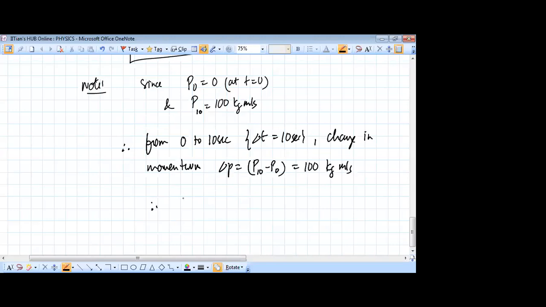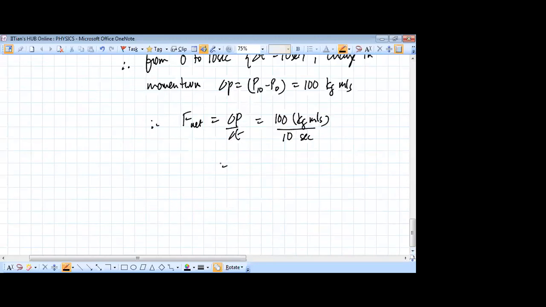So therefore, the net force should be equal to the rate of change of momentum. So it should be change in momentum, which is 100 kg meter per second, divided by the time interval of 10 seconds. So it should be equal to 10 kilogram meter per second squared, which is the same thing as newtons. Kg meters per second squared is the same thing as newtons.